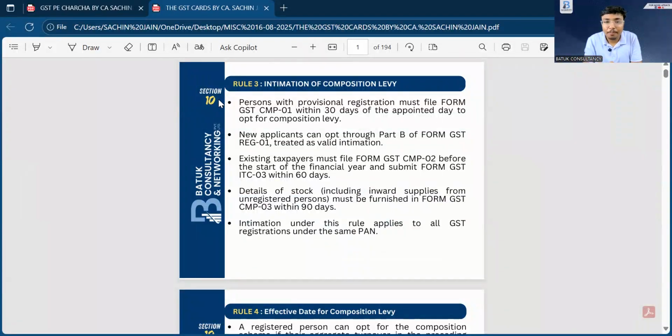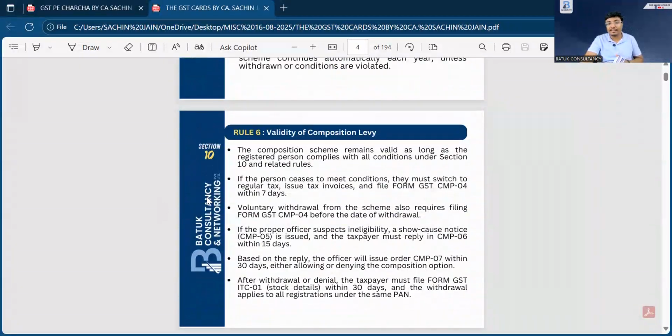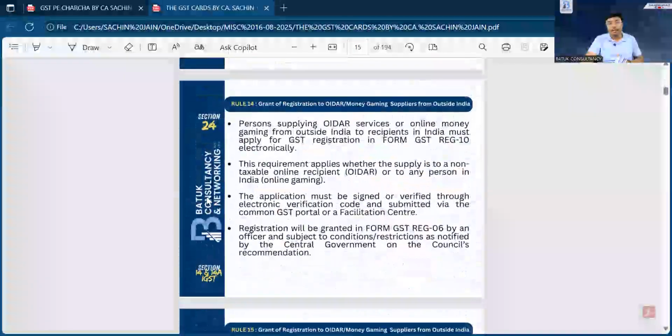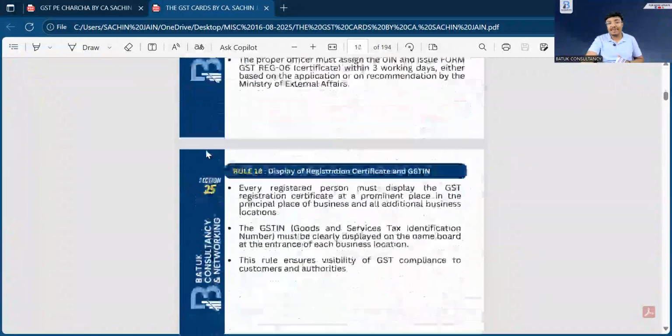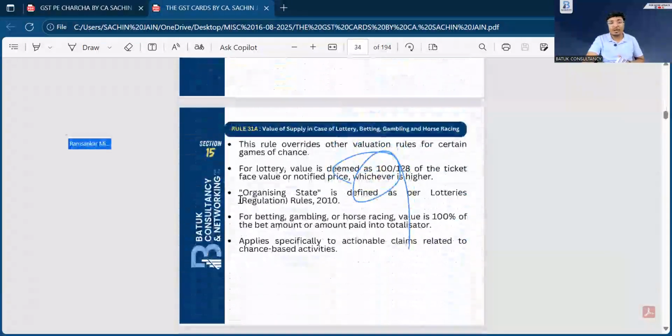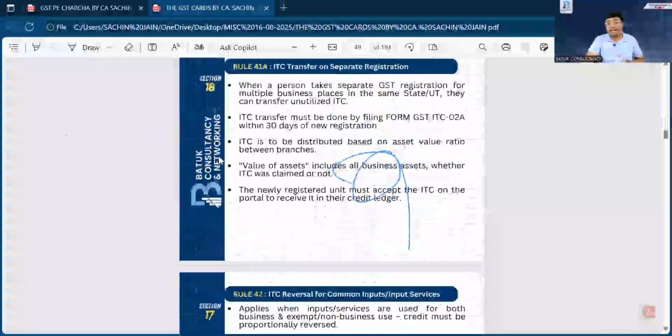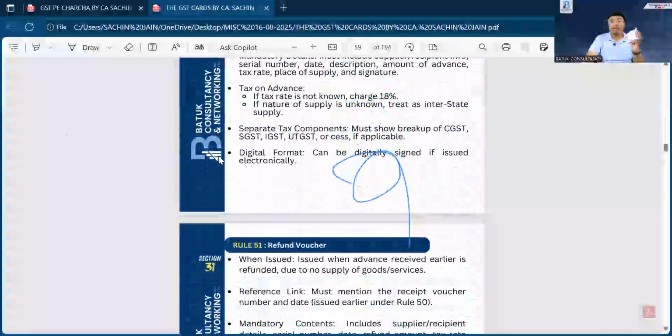You will find no book in the market in which the rules are given with the reference of sections, so you can easily find out the sections as well. Multiple rules: rule 6 section 10, rule 14 section number 24, rule number 22 section number 29, rule number 31A section number 15. So the section related to each rule we have given very easily.